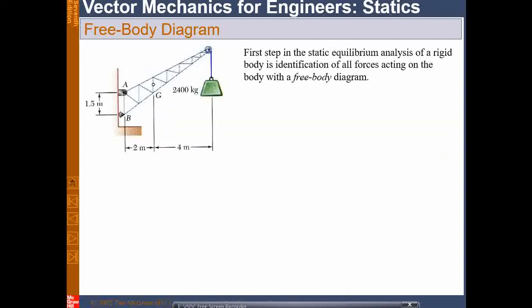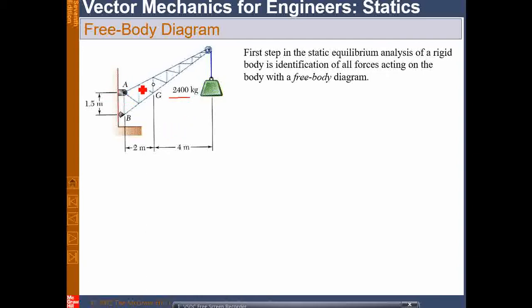Further, let's try to see one kind of free body diagram. For example, in this crane, we have a load hanging from the top. This is the weight of the load, and this is the fixed part.